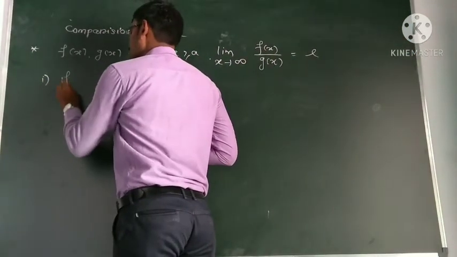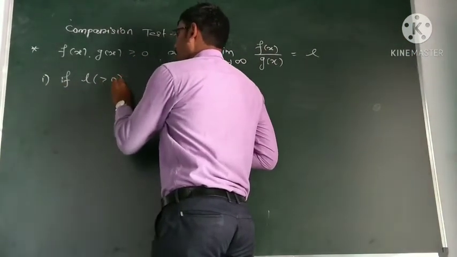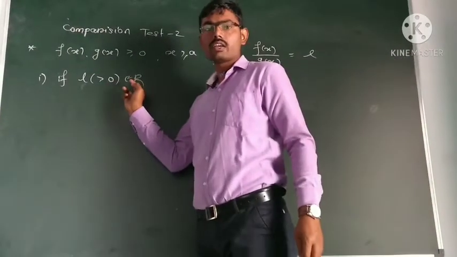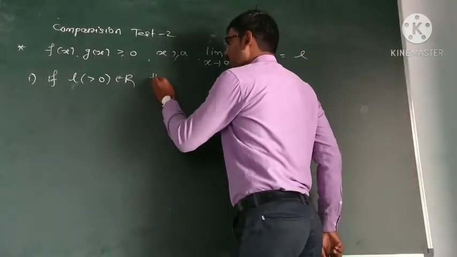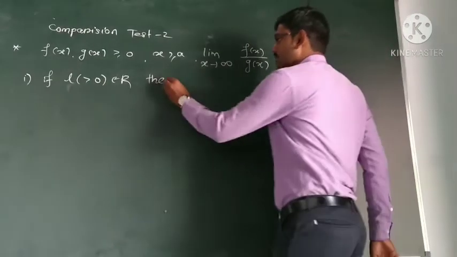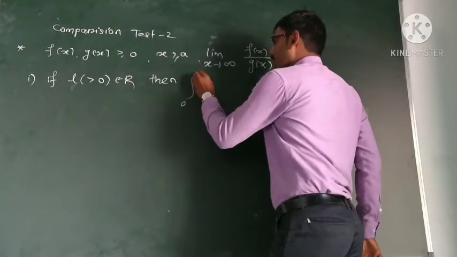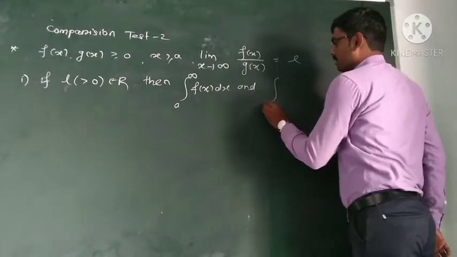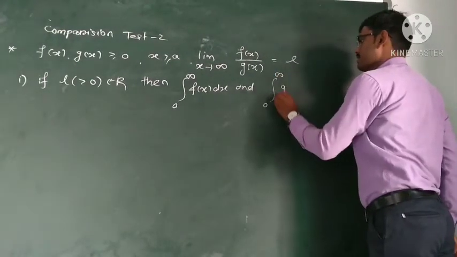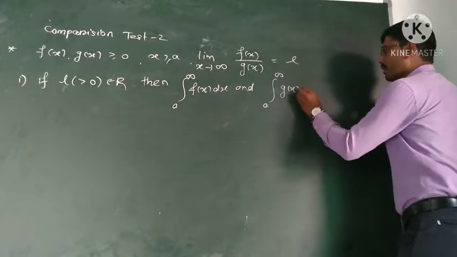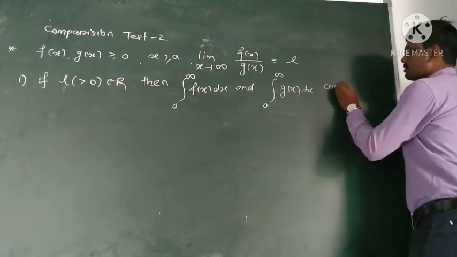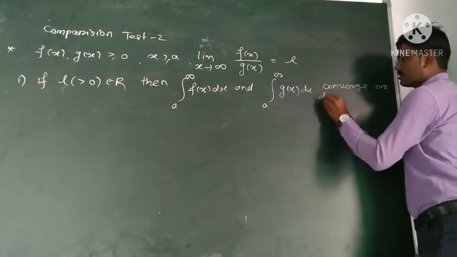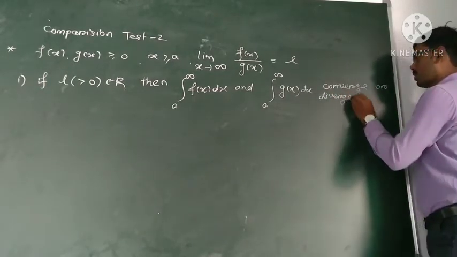If L is a positive real number, that is L is greater than 0, then the improper integral of the function f and the improper integral of the function g from a to infinity both converge or diverge together.